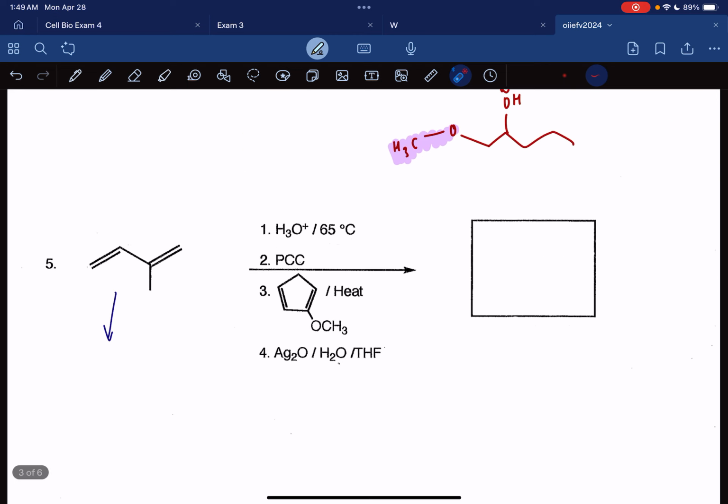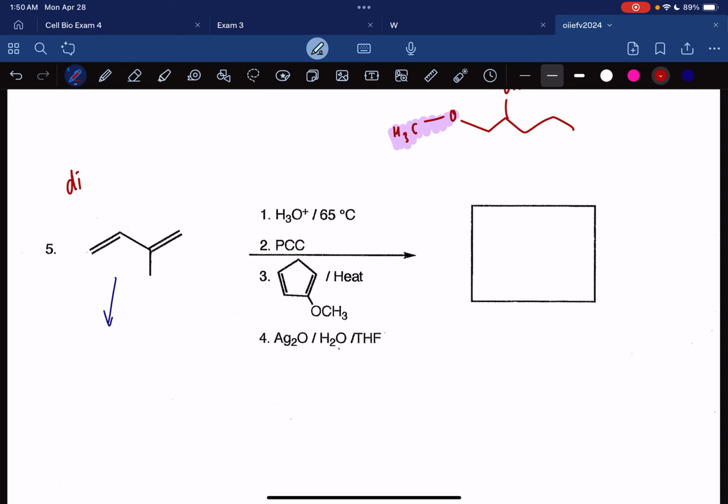Okay, now this last one is kind of going all the way back to exam 1. If you remember, this is called what? This is a diene, so that'll be important later. But we'll take this piece by piece. The first step is H3O plus and 65 degrees.